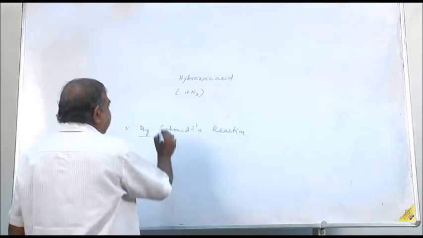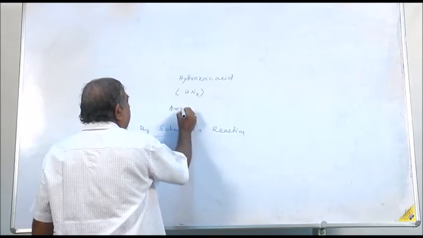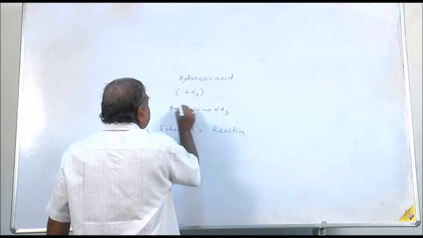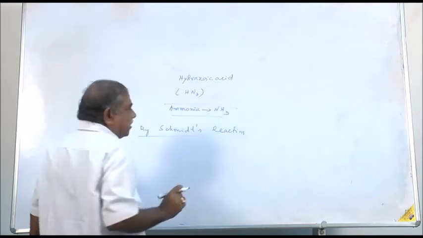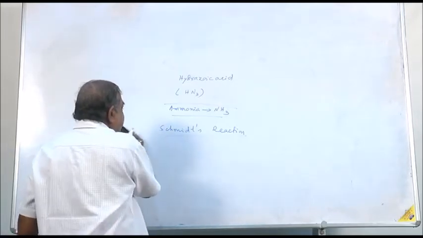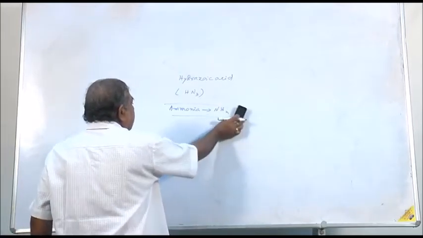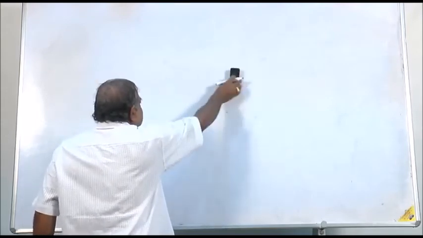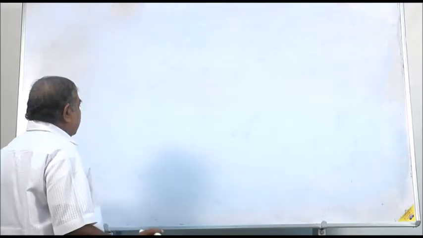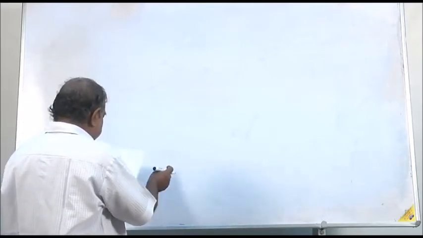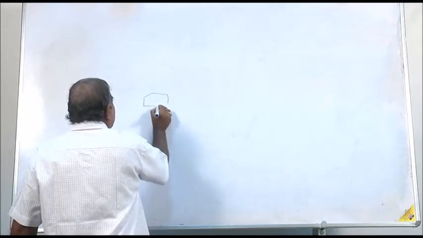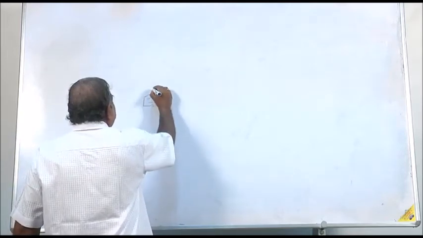Remember, ammonia is NH3, hydrazoic acid is HN3. I am repeating, when benzoic acid solution in concentrated sulfuric acid is treated with hydrazoic acid in chloroform, you will get aniline along with nitrogen and carbon dioxide.